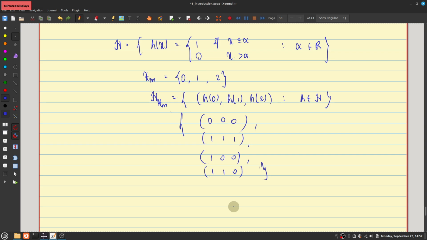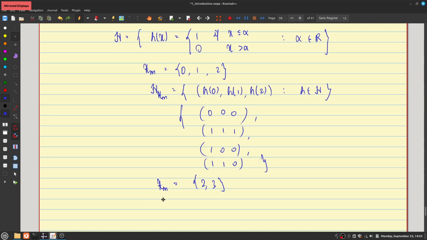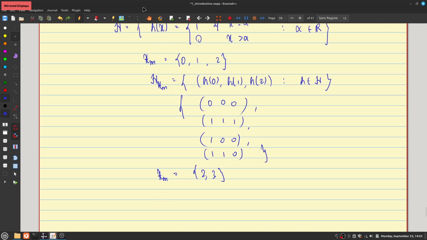All right. So let's see another example where xm just contains two elements. Let's say 2, 3. And look at the restriction of H to this particular set.